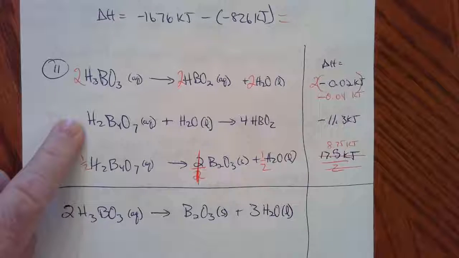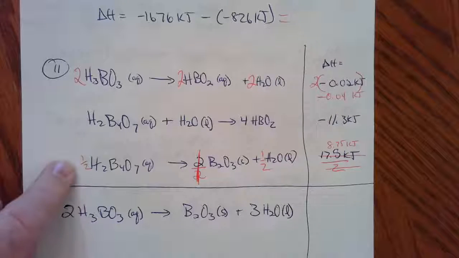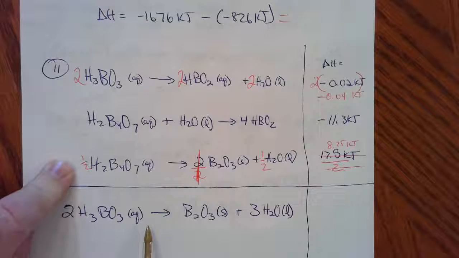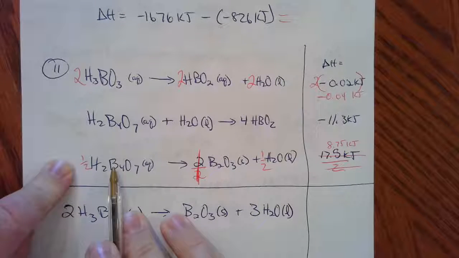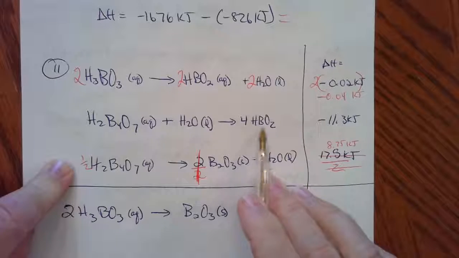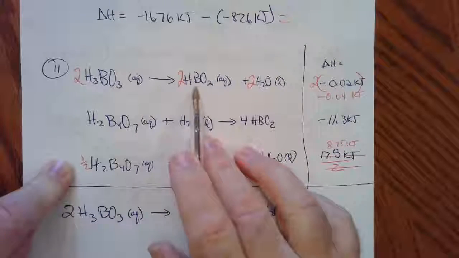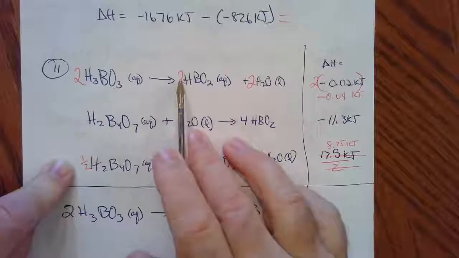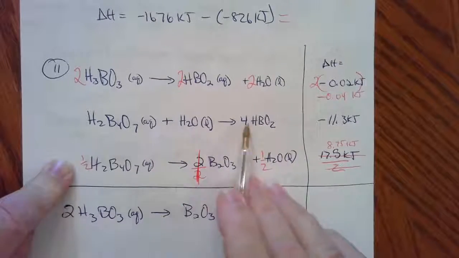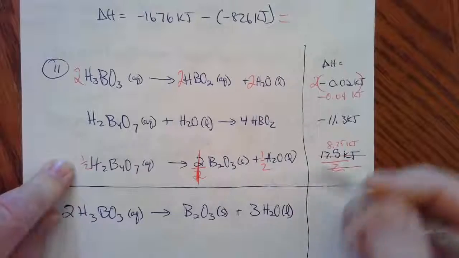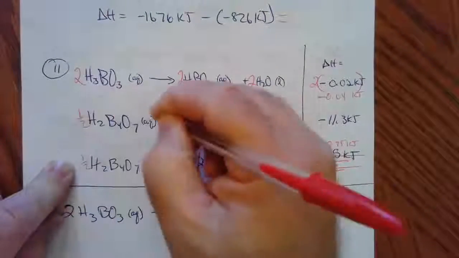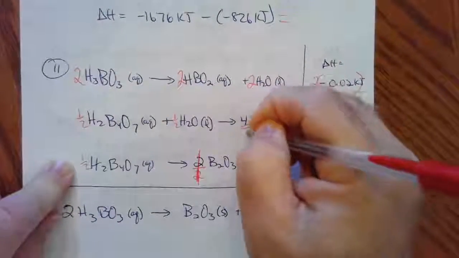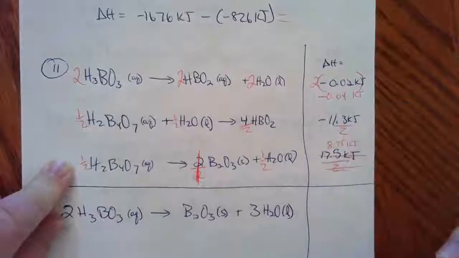Here we've got a whole H2B4O7. Here we've got a half one. It doesn't show up anywhere down here, so that's going to have to be flipped so it'll cancel. Plus the HBO2, which I have there. It's 2 there, and it's 4 here, so I've got to flip that to make that cancel, and I'm going to divide by 2 and flip it.